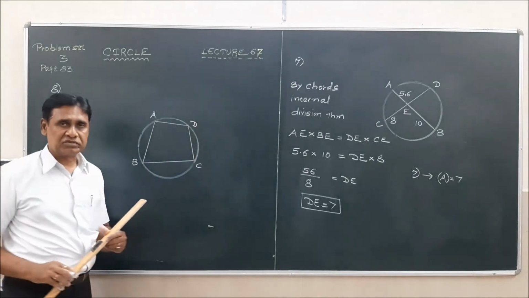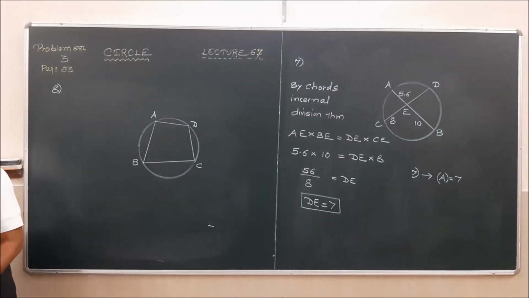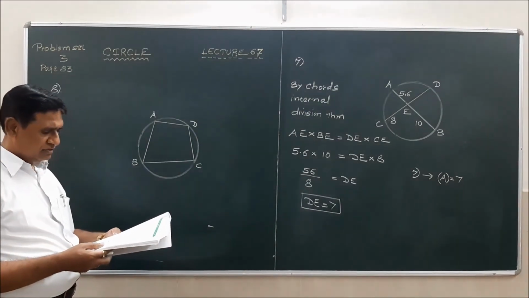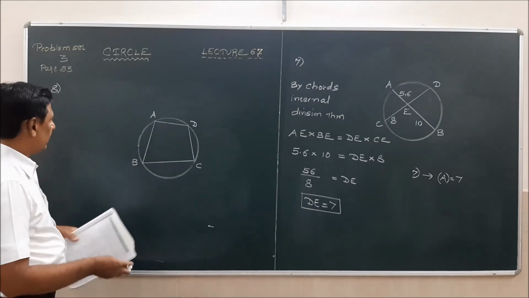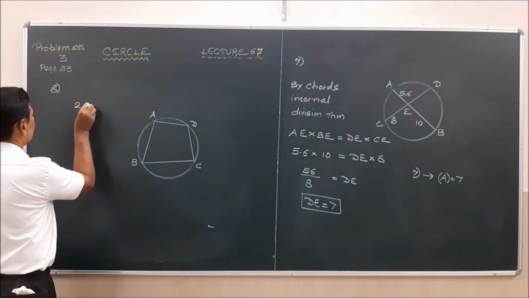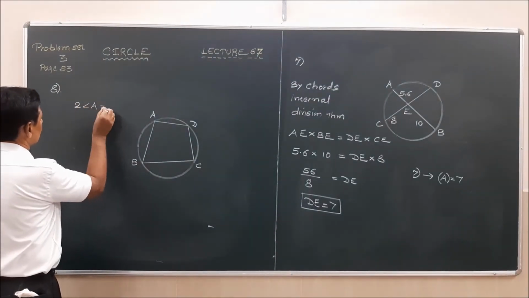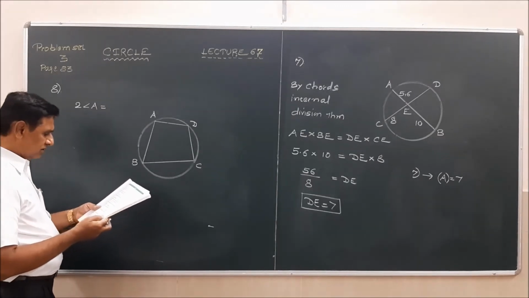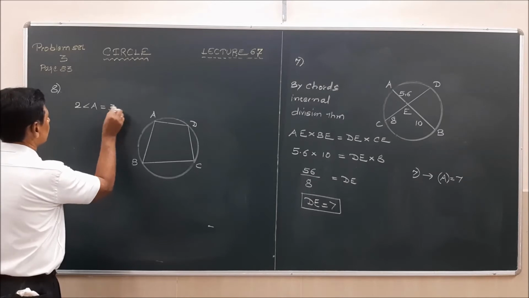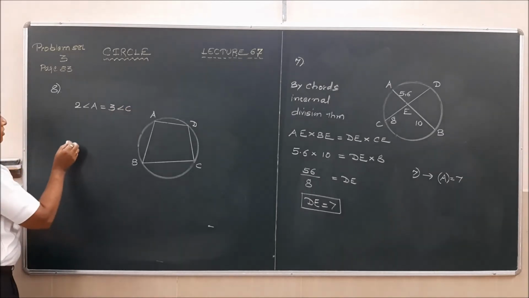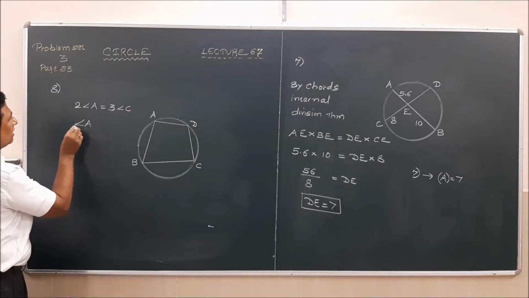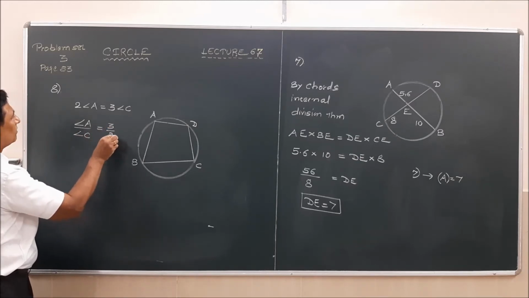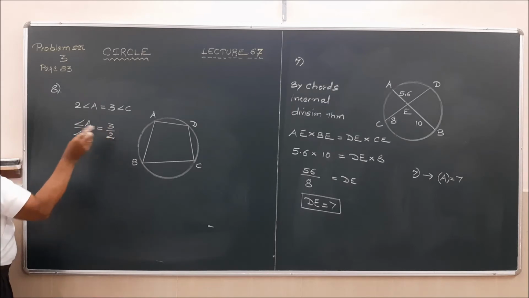Twice the measure of A is equal to three times the measure of C. So you will get A upon C is equal to 3 upon 2.